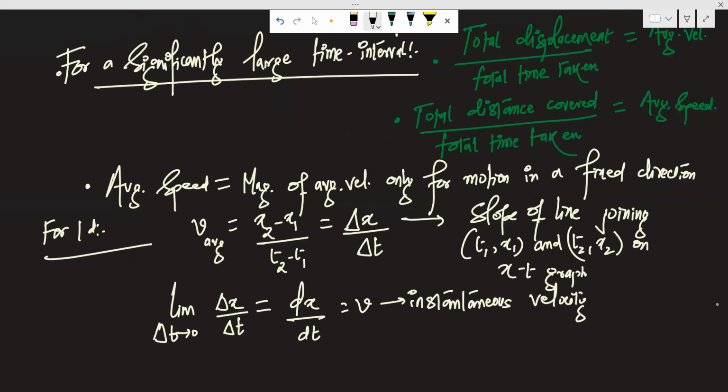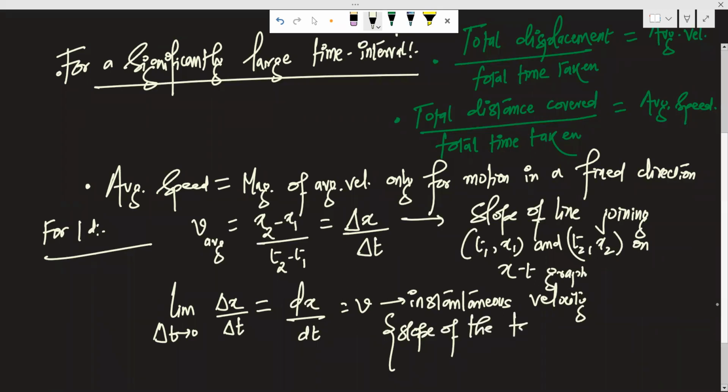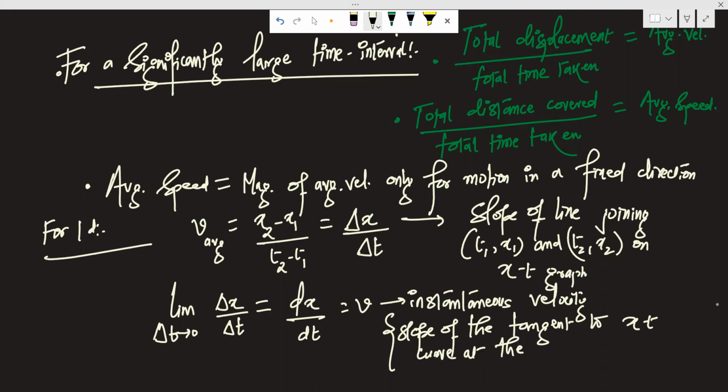And instantaneous velocity, or dx/dt, geometrically is the slope of the tangent to the position-time or displacement-time curve at the given instant, which we can also call the slope of the curve.